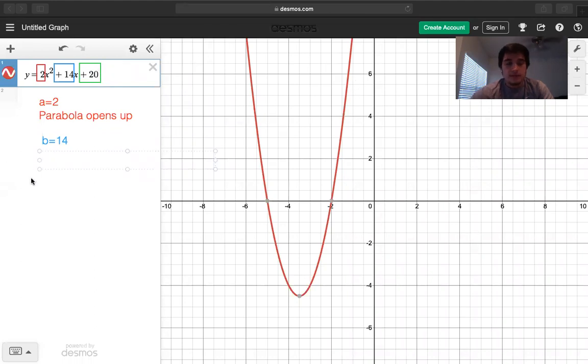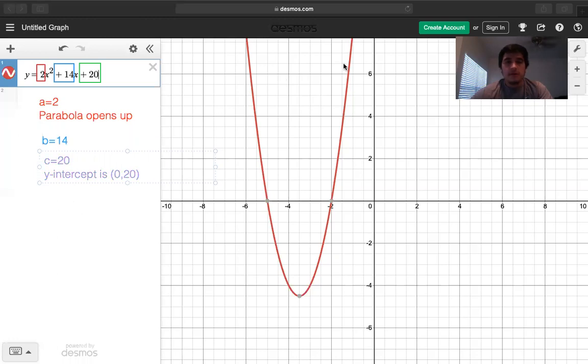So C equals 20. That tells me that the y-intercept is (0, whatever my C value is), so (0, 20). So I found out the parabola opens up and the y-intercept is (0, 20) just from looking at this. Now we have to find those two extra things.